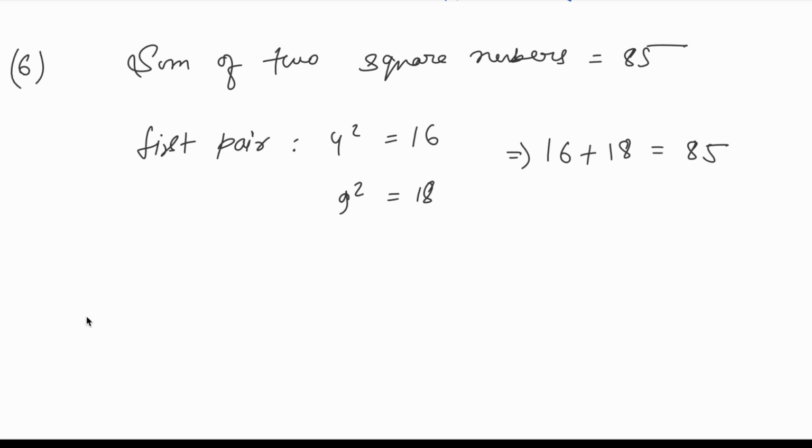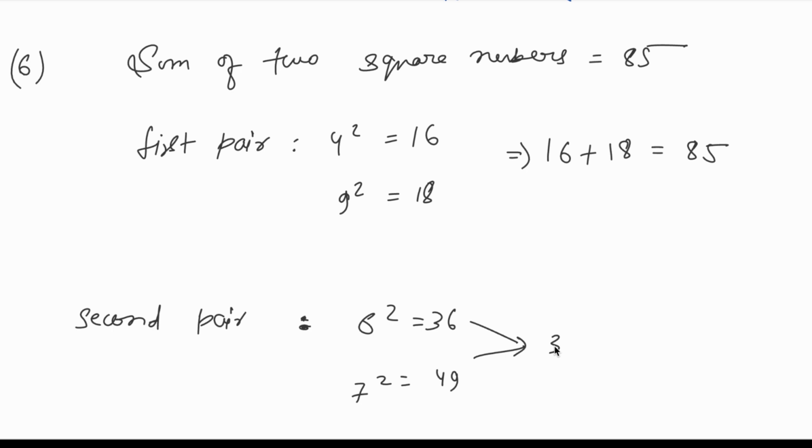Now let's talk about the second pair. 6 square, which is 36, and 7 square, which is 49. When you add 36 and 49, you will get 85.